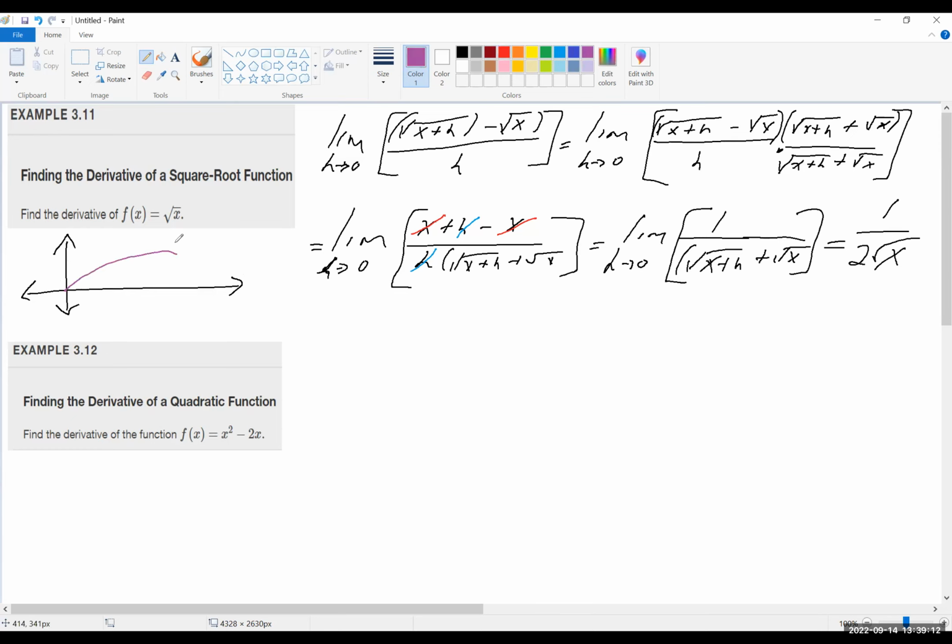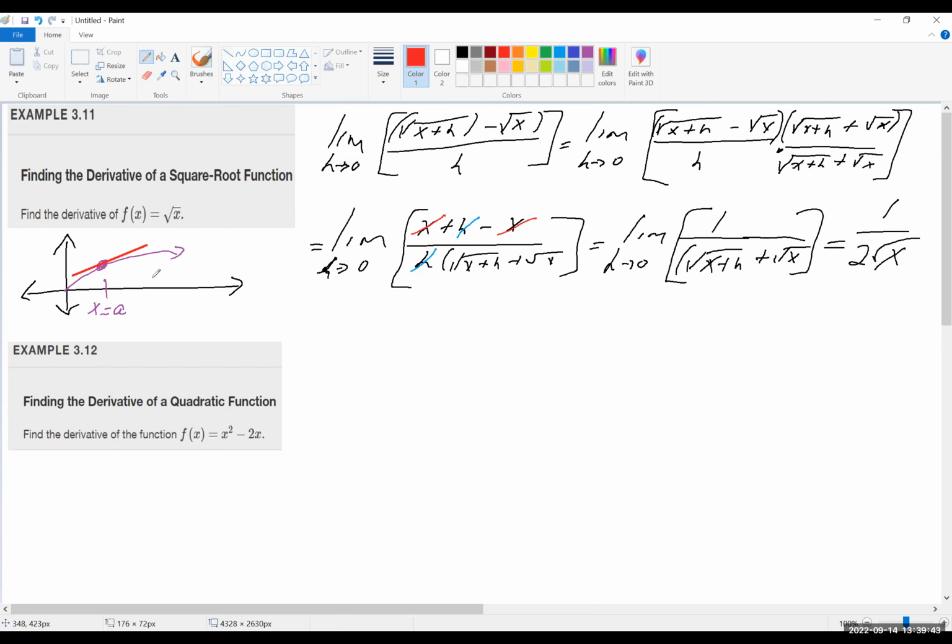But it's going to go something like this, and no matter what x value you might be interested in, you will be able to use that equation to figure out what the slope of the tangent line is. And just by simply plugging in whatever your a is.